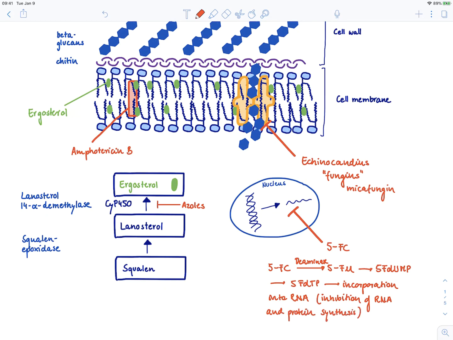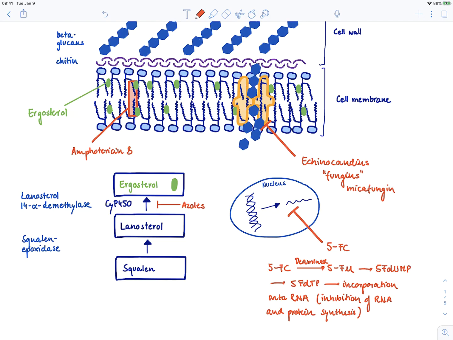You might wonder, why is this specifically happening in a fungus? Shouldn't that also inhibit our own RNA and protein synthesis? Well, the answer here is in the deaminase reaction. It turns out that we don't have such a deaminase. The fungus does have a deaminase, and therefore the 5-FC drug that you're going to administer is a prodrug, and it's metabolized to 5-FU only because the fungus has this deaminase.